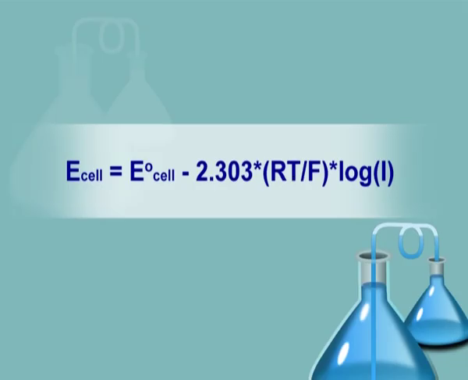The cell for the titration is SCE, KI, AgI, Ag, and the EMF of the cell is given by E cell equals E naught cell minus 2.303 RT by F log I. The EMF of the cell increases during potentiometric titration of KI with AgNO3.